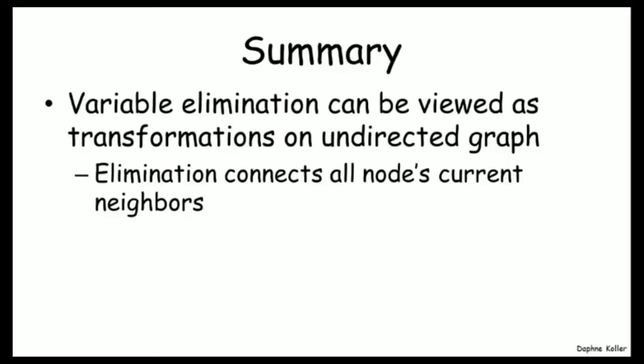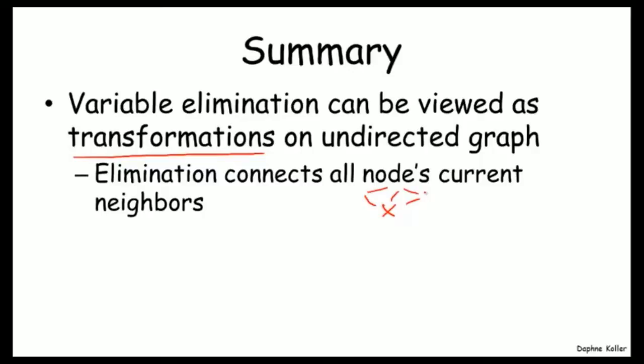In summary, we've seen that the variable elimination algorithm can be viewed quite intuitively as taking a set of steps, each of which transforms the graph. Specifically, a variable elimination step for a variable x takes all of x's neighbors that may or may not have been connected before and connects them to each other.